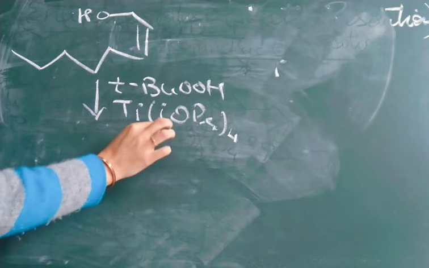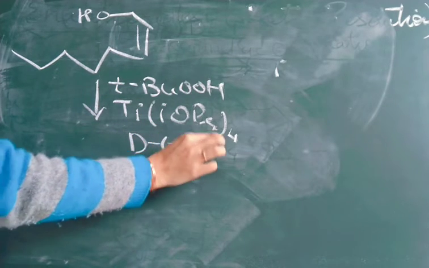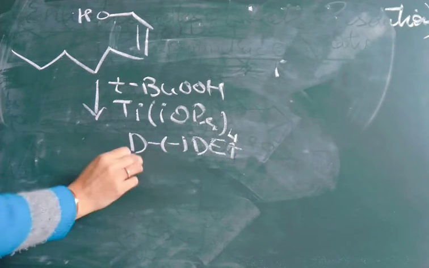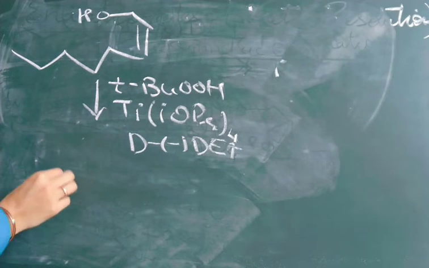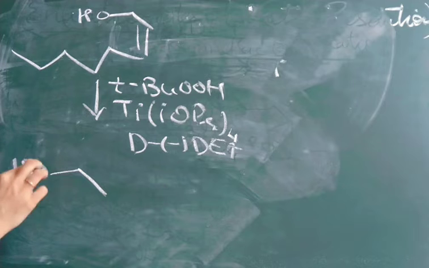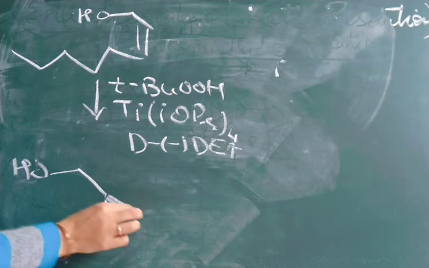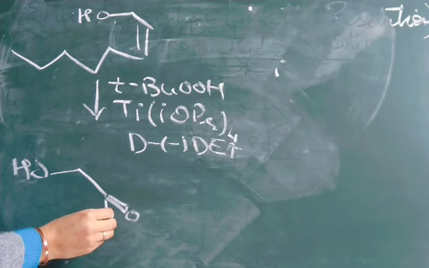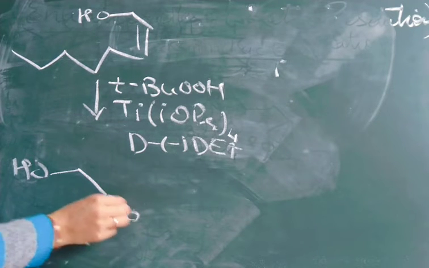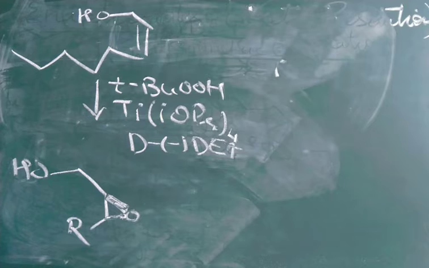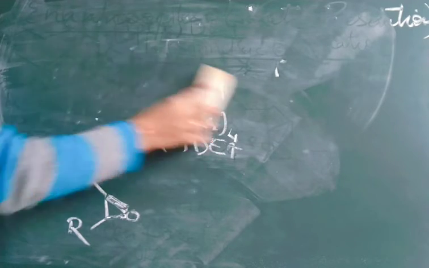I am using here dextrorotatory DET. So when I am using dextrorotatory DET, what will form? OH will be here. The oxygen delivery will be above the plane. Okay, this is about the asymmetric epoxidation.